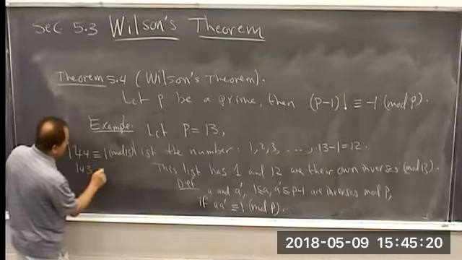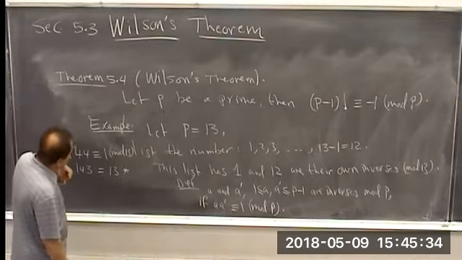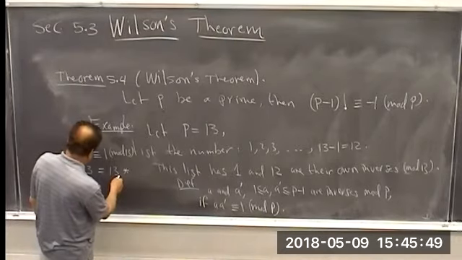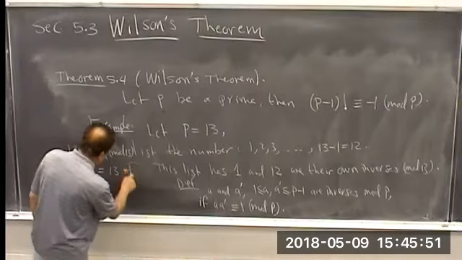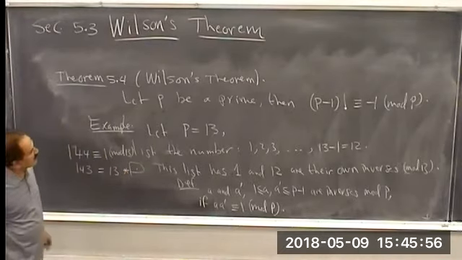I don't know what the quotient is. If you multiply this by 13, I didn't do the calculation here, but I believe this is the case. I haven't figured out the number here.